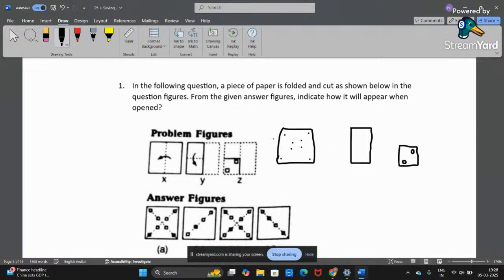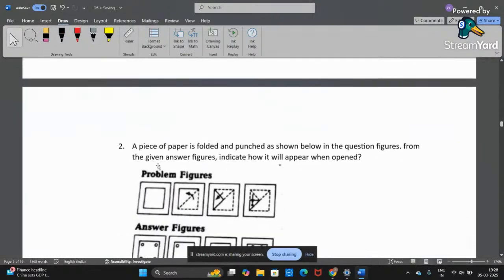Somehow like this it will appear. If the hole is made like this, then it will appear like this. For this, you need to practice by yourself. Next, we'll move on to next one.